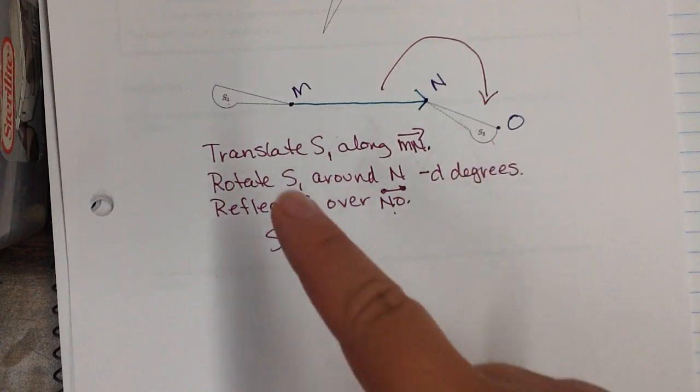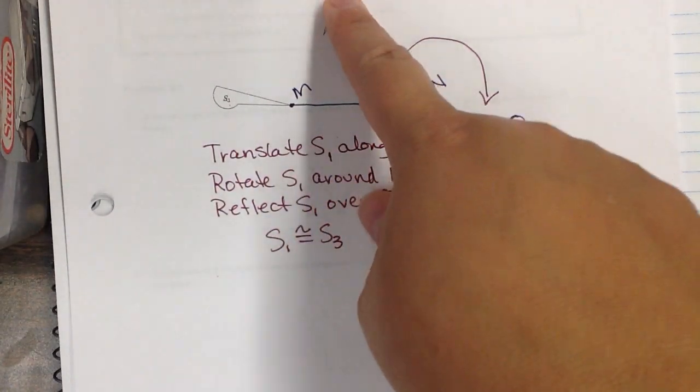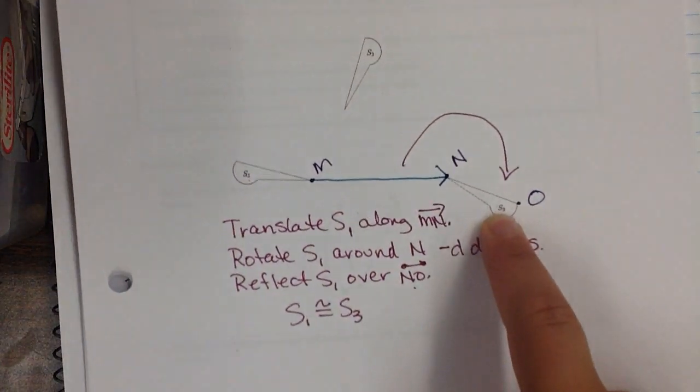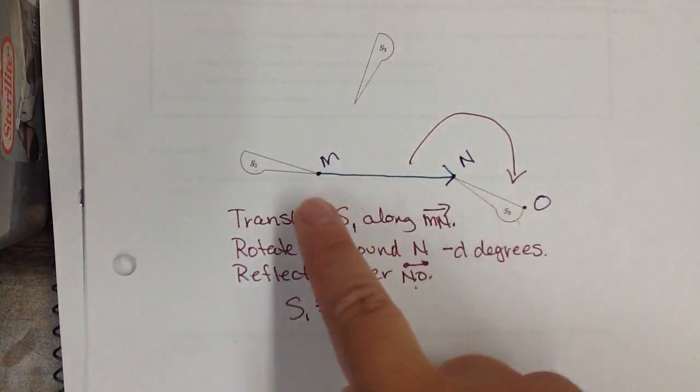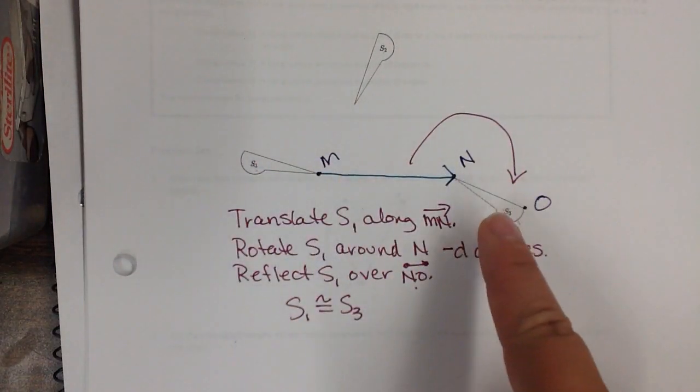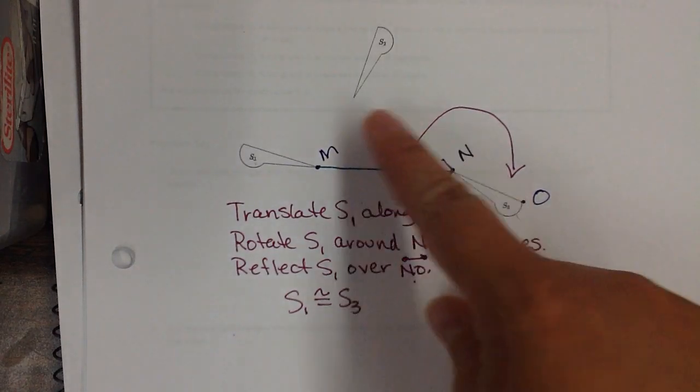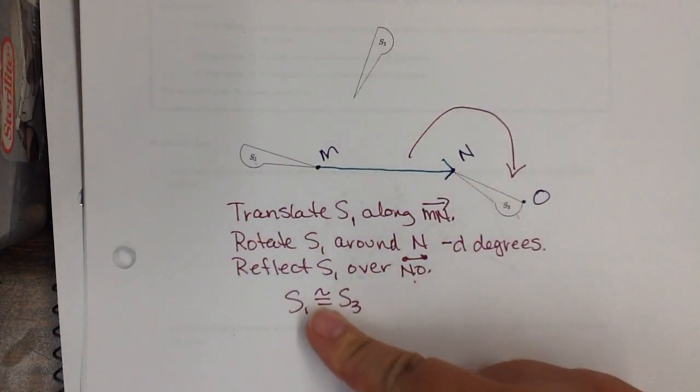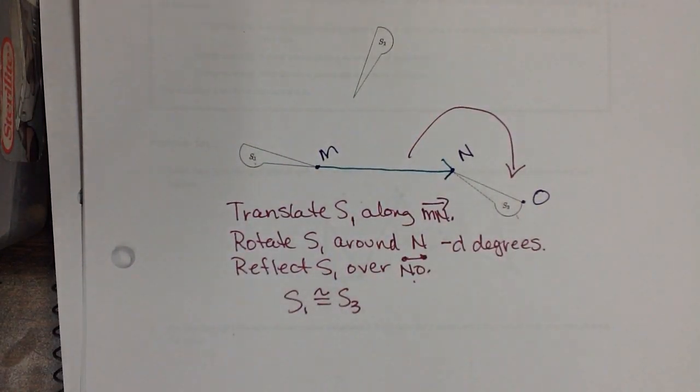No, because we know that S1 is congruent to S2 and S3 is congruent to S2, we could say that S1 is congruent to S3. And we wouldn't have had to do all of this work, but it's good practice for us so that we know how to do it later.